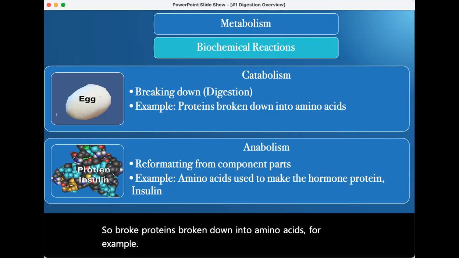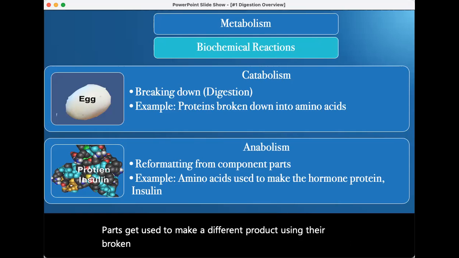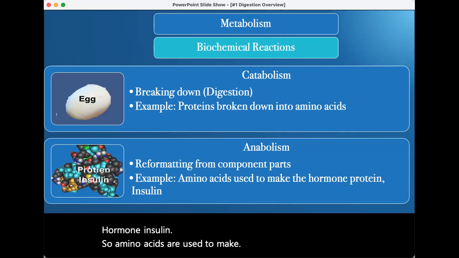And then anabolism is where things get reformatted, or their parts get used to make a different product using their broken down products from catabolism. So an example is creating the hormone insulin. Amino acids are used to make insulin.